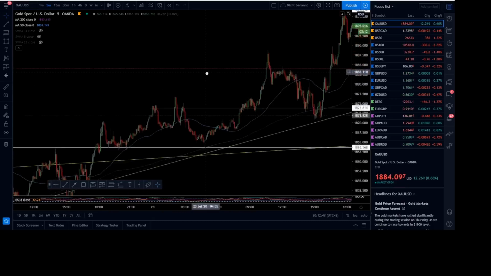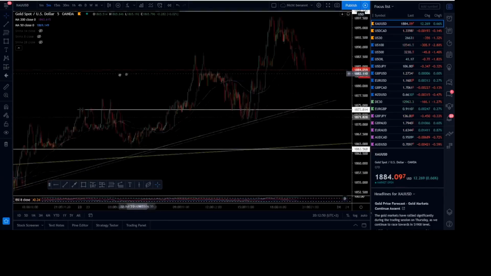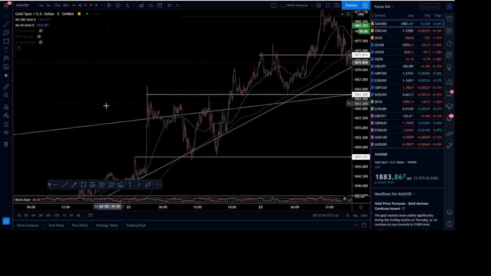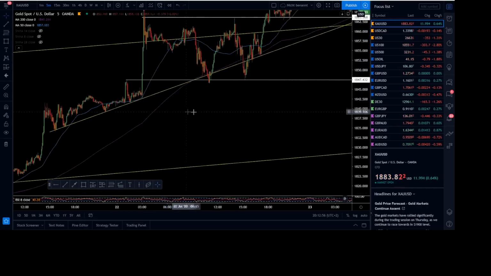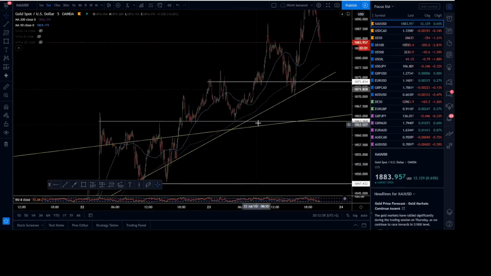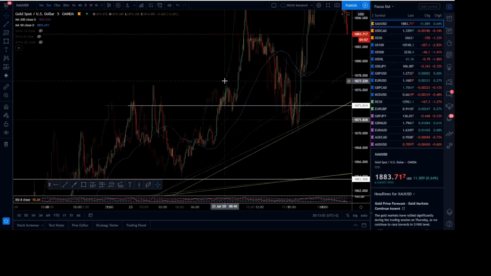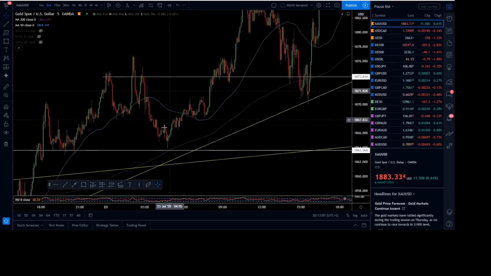Okay, so, you get in somewhere around here, price keeps pushing. Here we have kind of a stop hunt, break of structure.